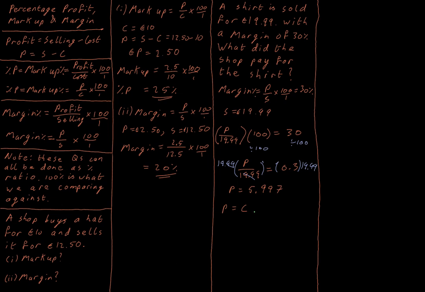So our profit is equal to our selling minus our cost price. We know our selling, we know our profit, so now we can use that to work out our cost.